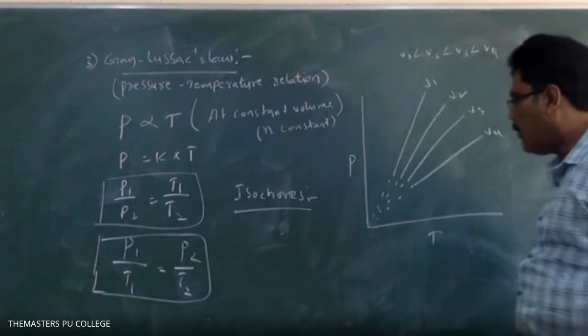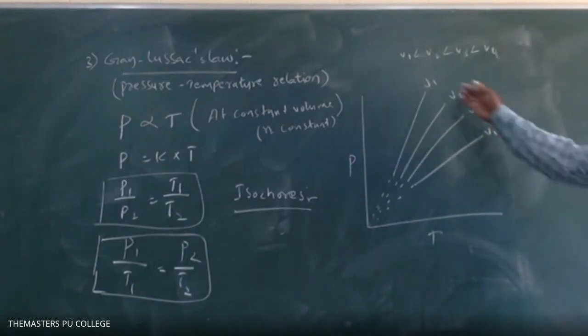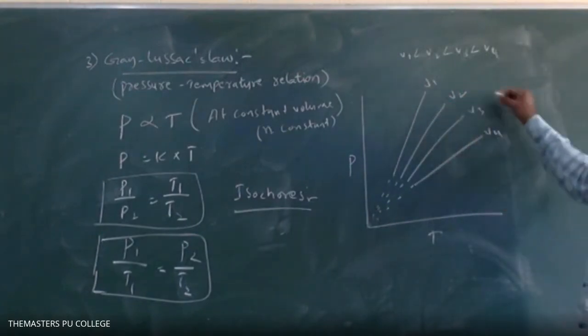So this is the graph we draw. These are all called isochores.